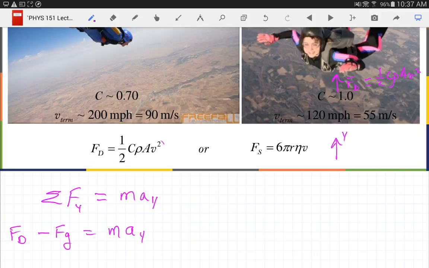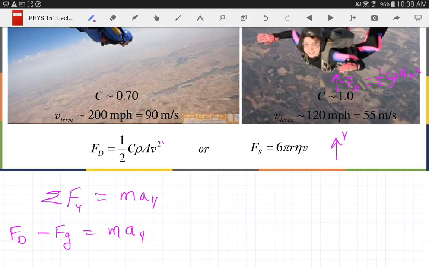So then she'll stay at a constant speed, and we'll call that her terminal velocity. So in real life, if you fall out of an airplane without a parachute, you are going to reach a terminal velocity, a final speed. If you form your body into a nice little javelin shape and aim for the ground, you'll get up to about 200 miles an hour.